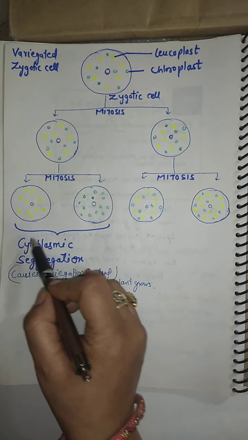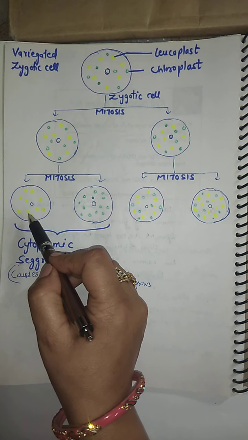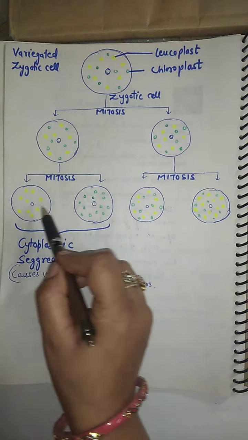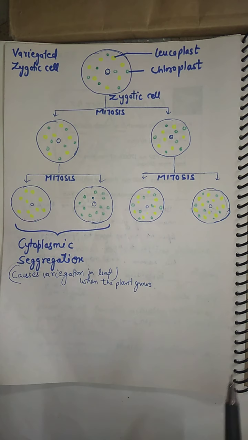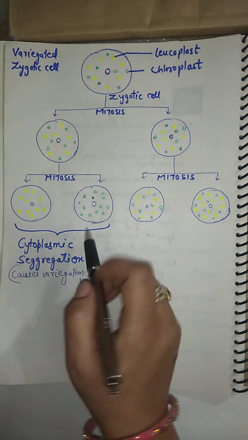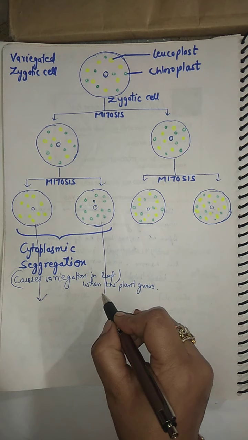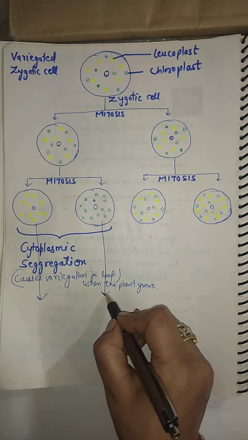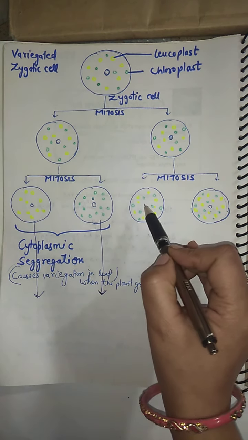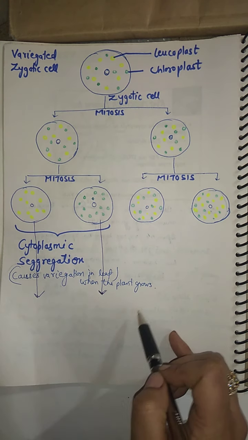In some cases, cytoplasmic segregation occurs where leucoplasts segregate separately and chloroplasts segregate separately into two different cells. Segregation of leucoplasts and chloroplasts into pure cell lineages forms two types of branches. The cells with leucoplasts produce pale branches, and the cells which contain chloroplasts form green branches. The cells which have both chloroplasts and leucoplasts produce variegated branches in the same plant.